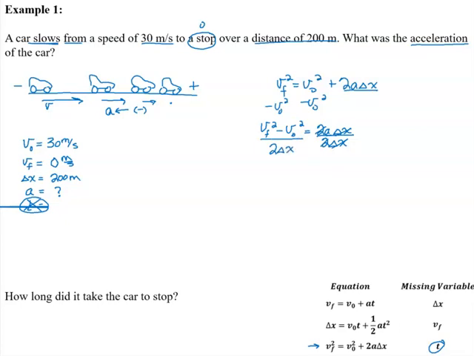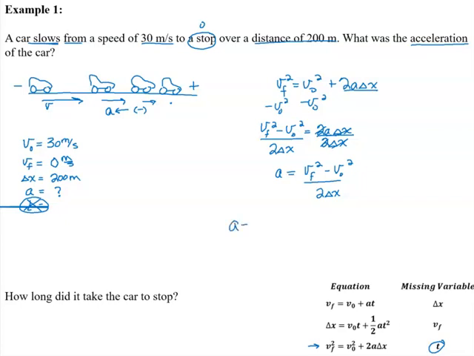And I'm left with the acceleration is equal to the final velocity squared minus the initial velocity squared divided by 2 delta x. So there's my equation manipulated for the variable I'm looking for. My next step is to plug in my numbers.